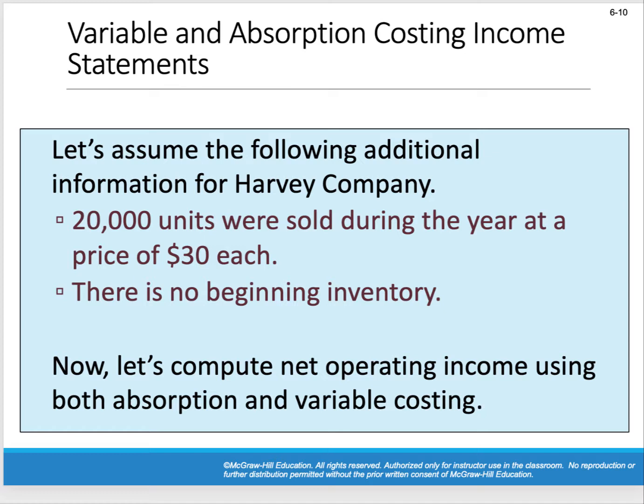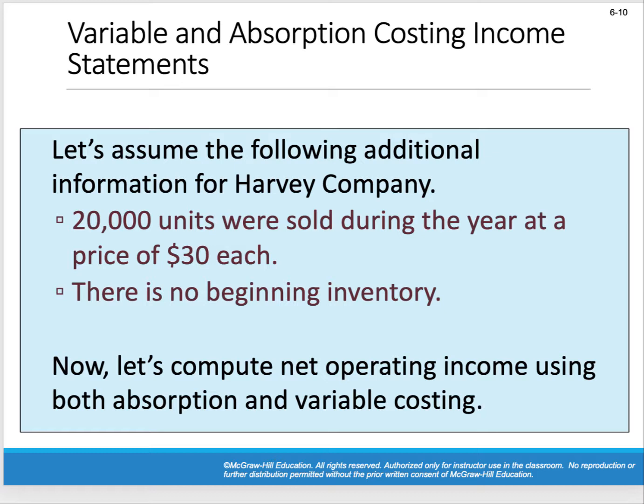We have an example here, and we're going to assume for a moment that the company, Harvey Company, has 20,000 units that were sold during the year at a price of $30 per unit, okay? We're going to assume right off the bat that we have no beginning inventory to worry about.